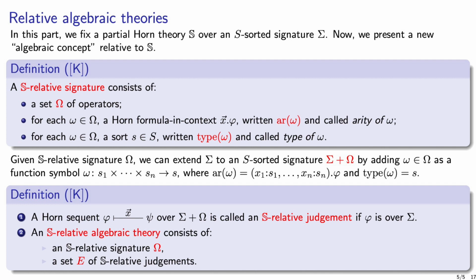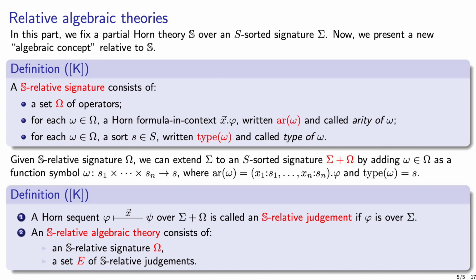When an S-relative signature omega is given, we can obtain a new signature sigma plus omega by adding each element of omega to sigma as function symbols. A sequent over sigma plus omega is called an S-relative judgment if its precondition contains no symbol from omega.